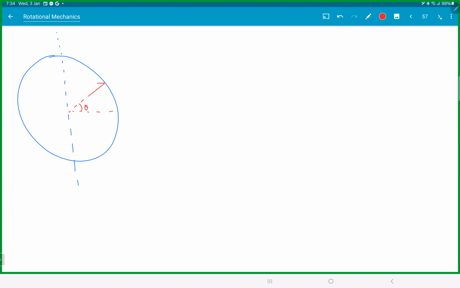at an angle theta, you take a thin strip of d theta. This is how the strip would look. This would be r cos theta, and this will be r d theta.